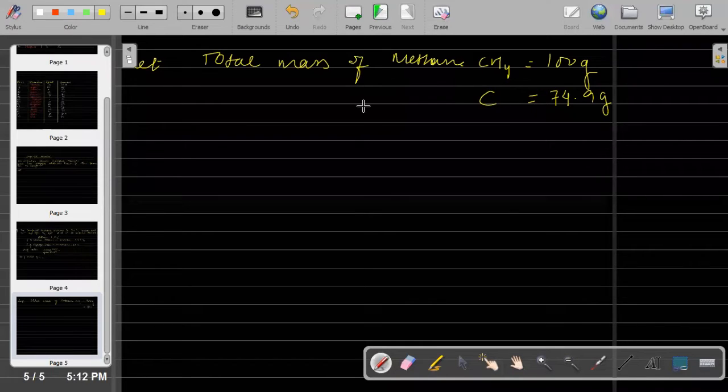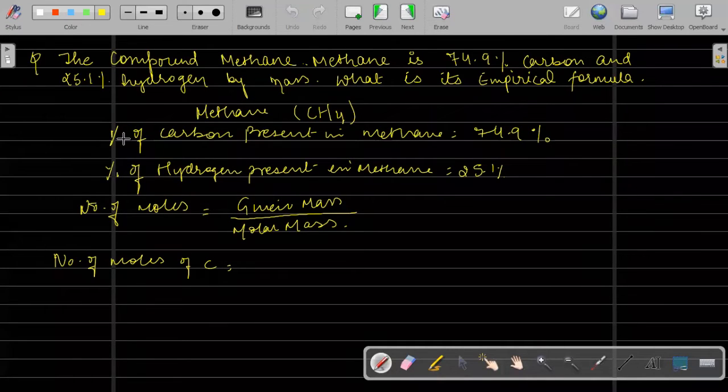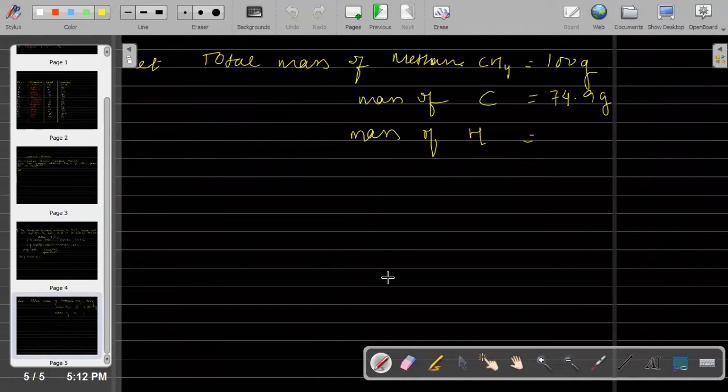So the mass of carbon is 74.9 grams, and the mass of hydrogen is the same as the percent. What is the percentage? It's 25.1%. So the mass of hydrogen is 25.1 grams.